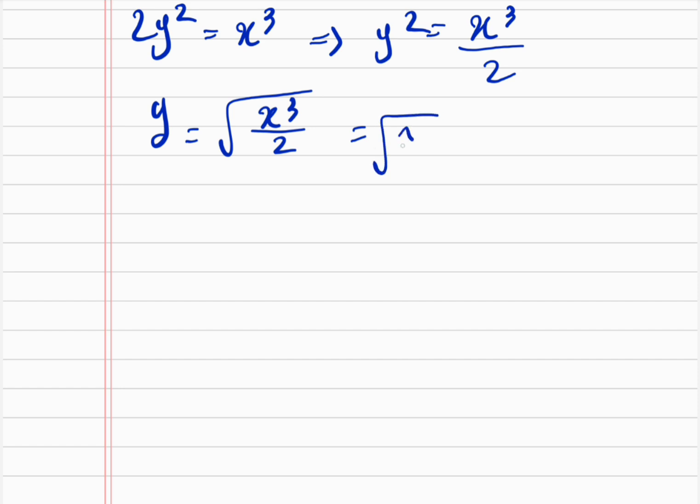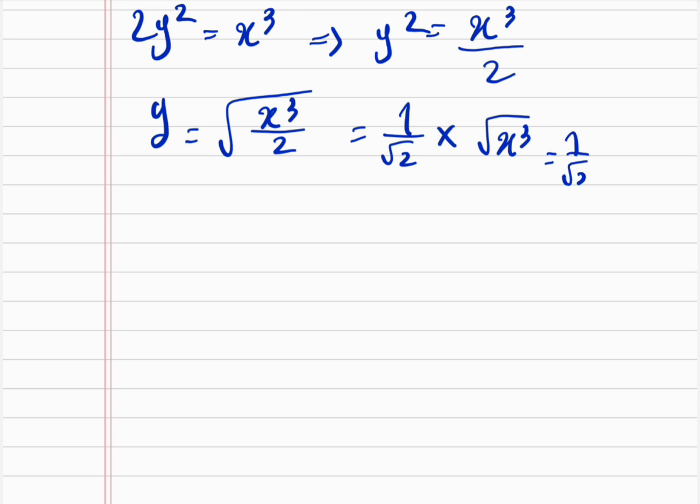So we are going to have the square root of 1 over 2, which is 1 over square root 2, times the square root of x cubed. Now let's keep 1 over root 2 for now, and then root x cubed is just x to the power of 3 over 2.